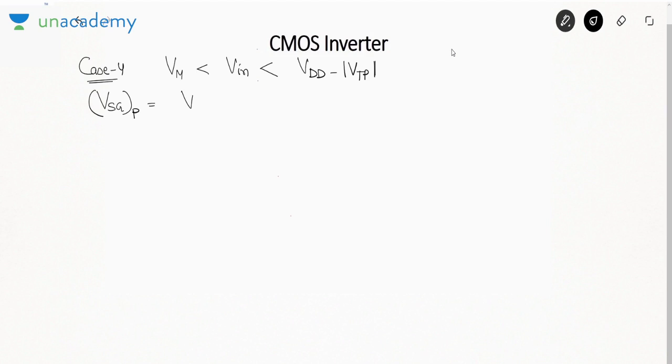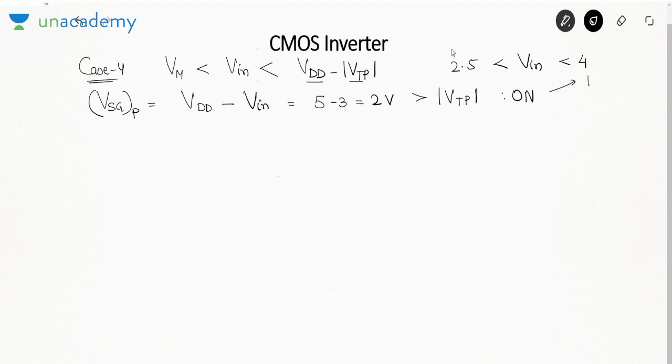VSGP is VDD minus Vin. Suppose Vm is 2.5 and 5 minus 1 is 4, so let me take 3 volt. 5 minus 3 is equal to 2 volt. That is greater than mod VTP, that is greater than 1, so it is in on state. But again we have two options, either linear or saturation.